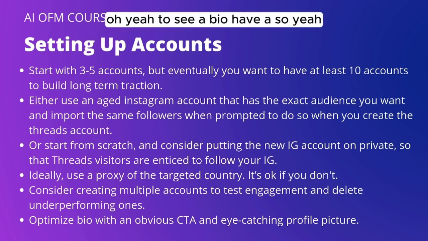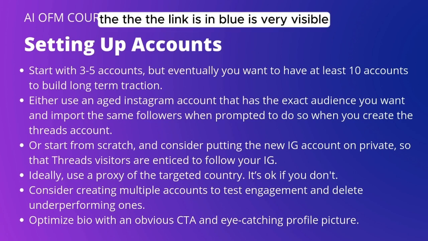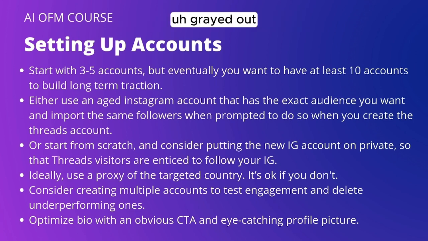Obviously, have a bio. I'm insisting on the obvious CTA in the bio because, for example, on Instagram the link is in blue and very visible. Everybody knows where the link is on Instagram, but on Threads it's grayed out.